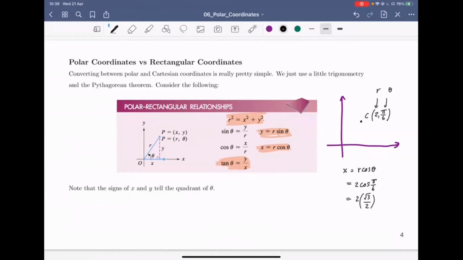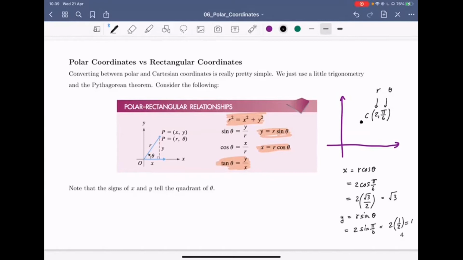That means you get x equal to square root 3. Then y equal to r times sine theta, that means 2 times sine pi over 6, and that is 2 times 1/2, which is 1.